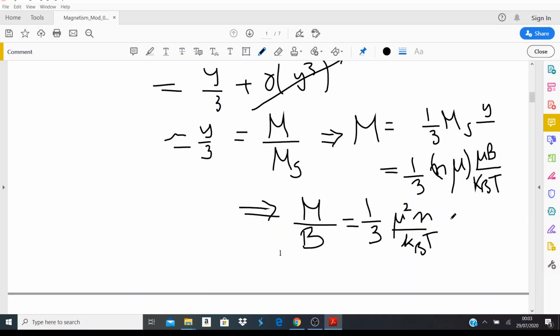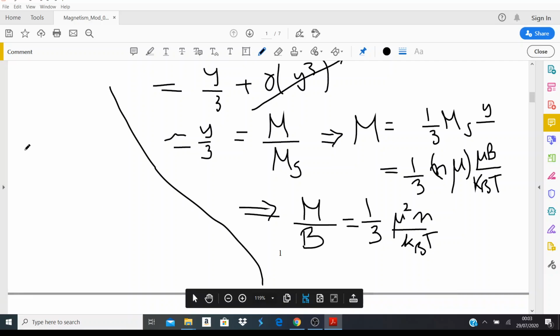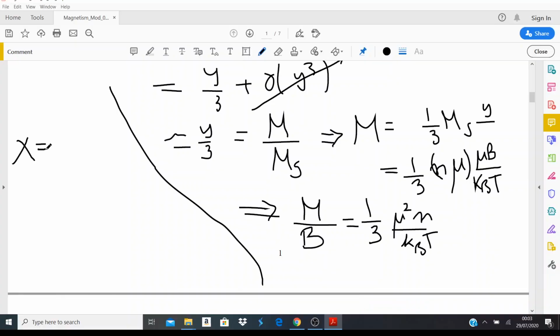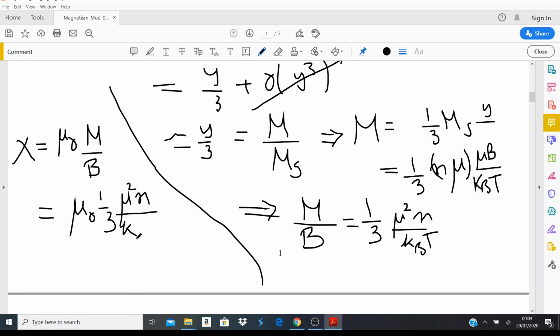If I'm not wrong, that's the expression for the ratio M by B. Now remember from the lectures in the beginning that we define the susceptibility of any material by mu naught, the free space permeability, times M by B, right? So we know the ratio M by B from here, so let's put the value there. Then the susceptibility of the paramagnetic material becomes mu naught times 1/3 mu square n by kB T, right?